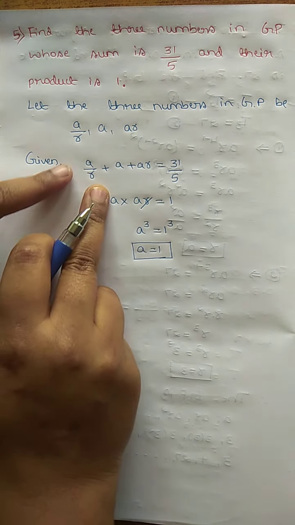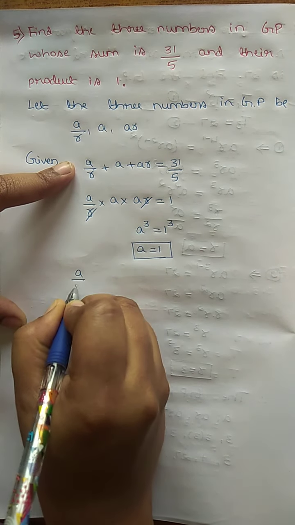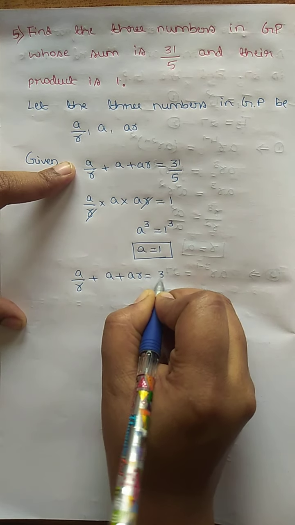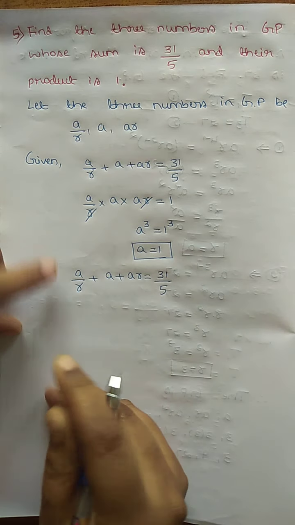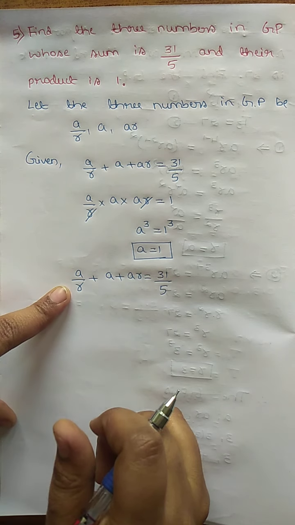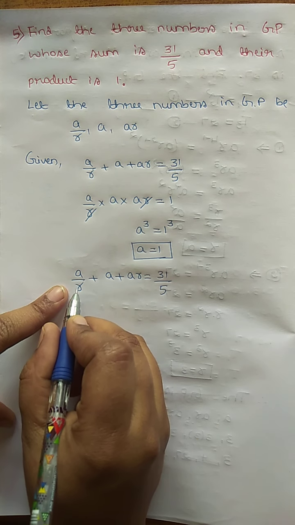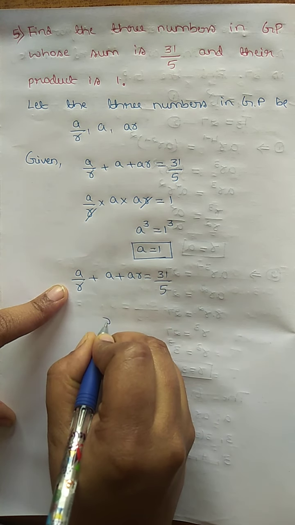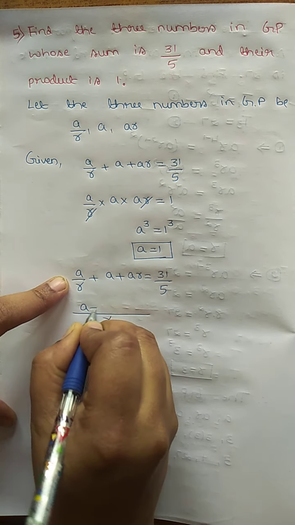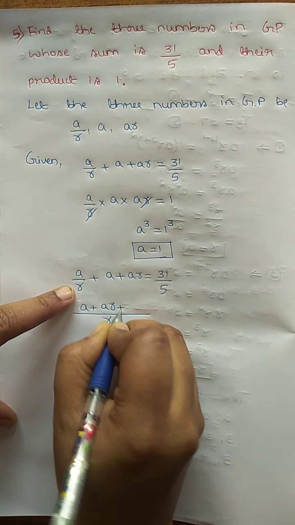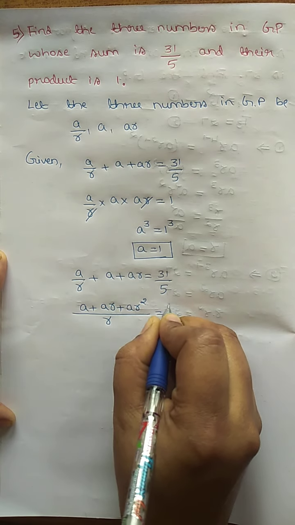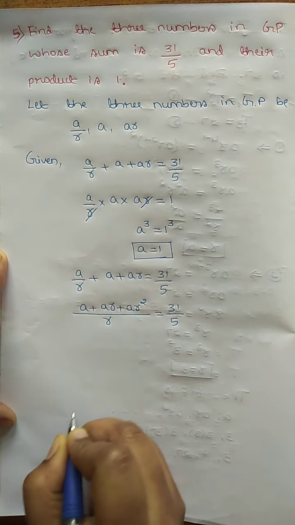Now consider this condition: A by R plus A plus AR equals 31 by 5. We already know the value of A. We have to find the value of R. Now take LCM R. A plus A into R, AR into R, AR square, equals 31 by 5.